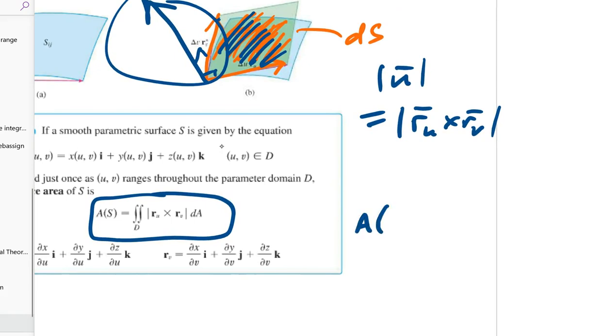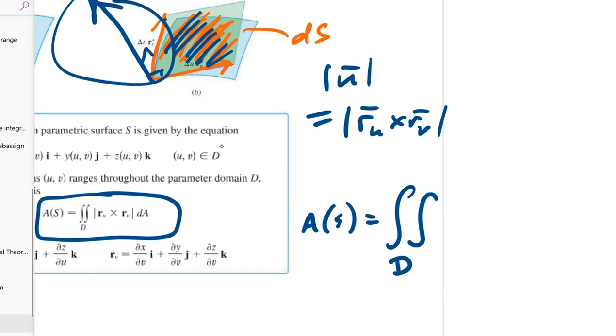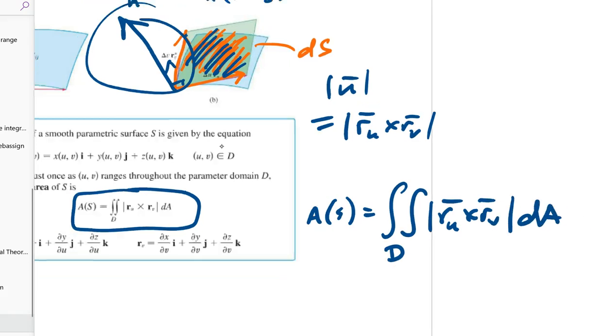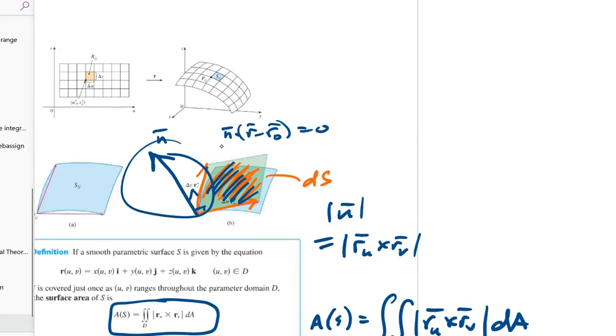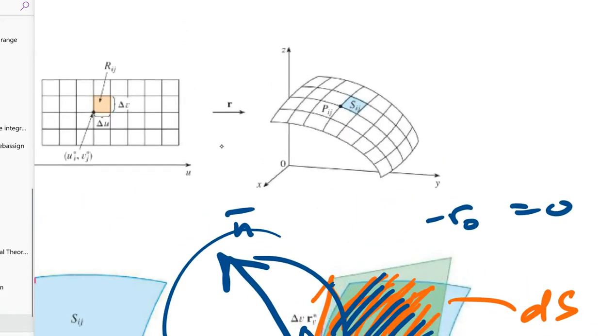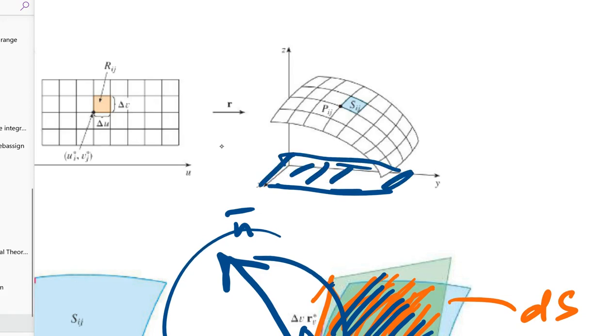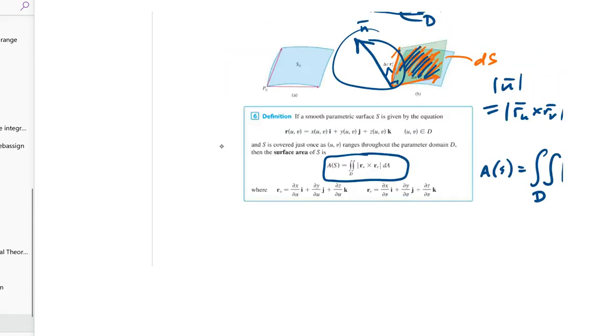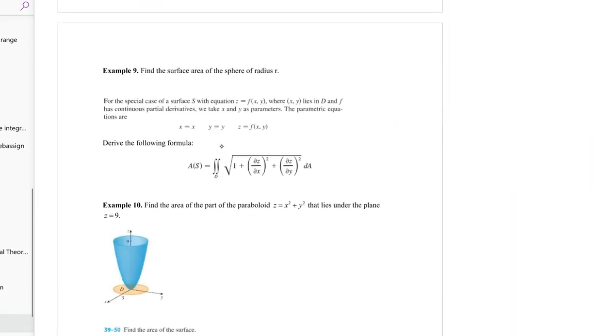I'll give it to you on a test, but the area of the surface is the double integral over D of the magnitude of r_u cross r_v dA. Now D is going to be the shadow of the surface in the xy plane. So it's going to be the shadow of this guy in the xy plane. Remember, that's D.